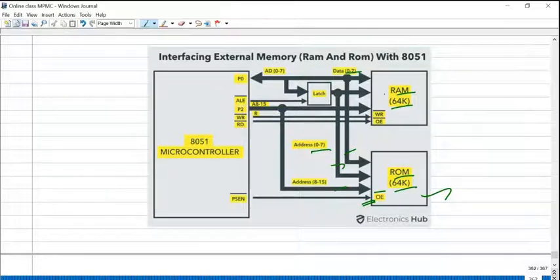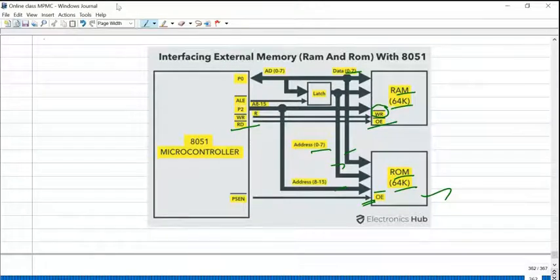For interfacing RAM with the microcontroller, same thing. Address lines must be there, data lines must be there. Apart from that, read bar, write bar. The read bar signal of the microcontroller is connected with output enable of RAM. The write bar signal of the microcontroller is connected with the write bar signal of RAM memory.